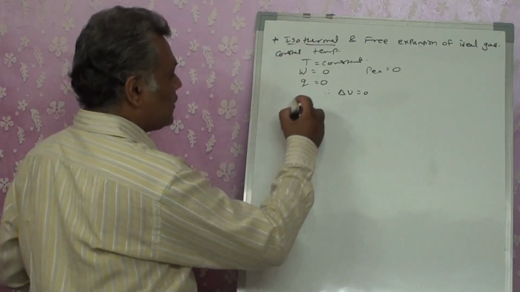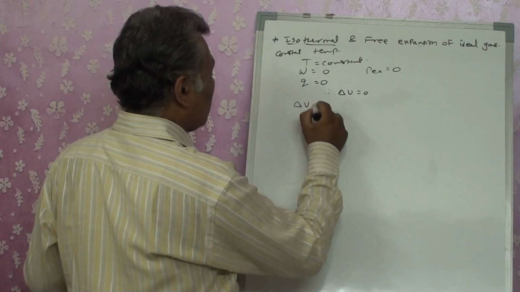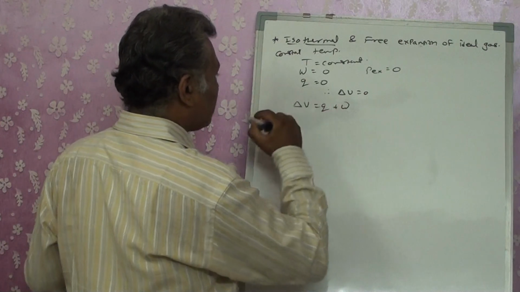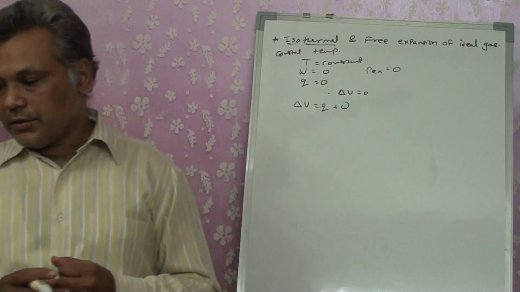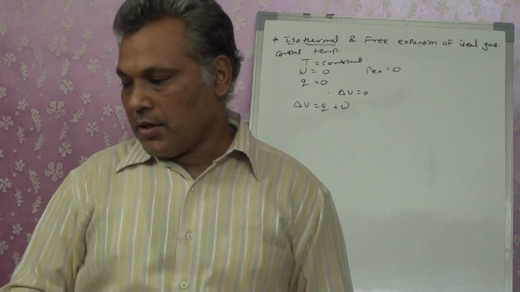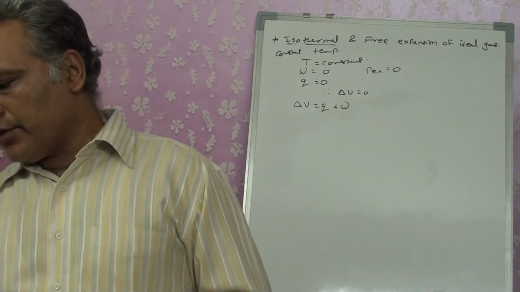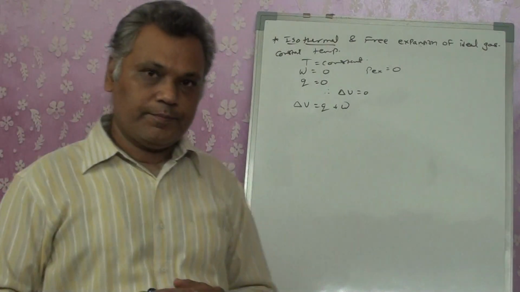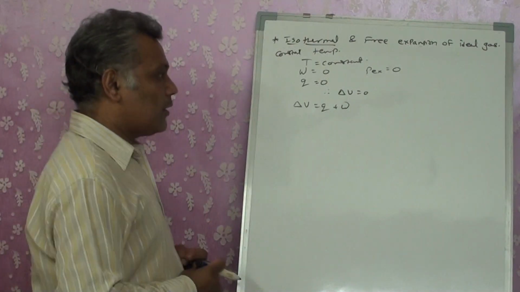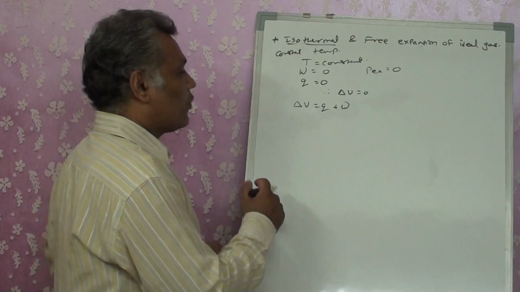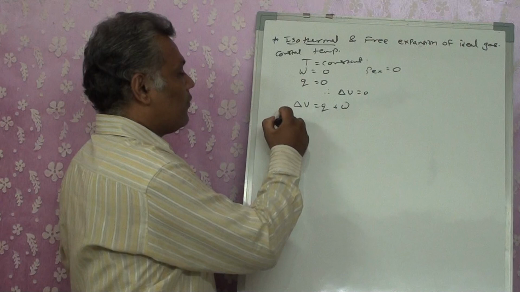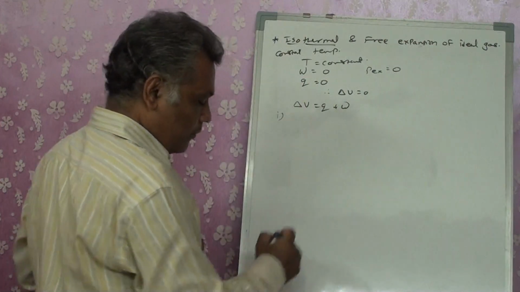So from this equation delta U equals Q plus W, we can specify the factors related to isothermal irreversible and reversible changes.